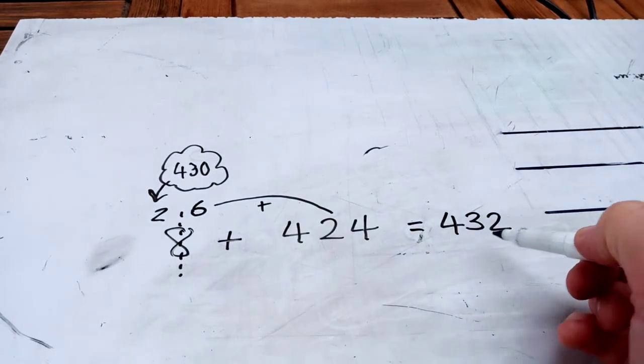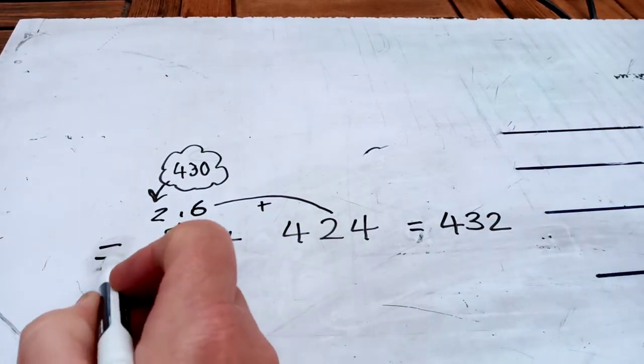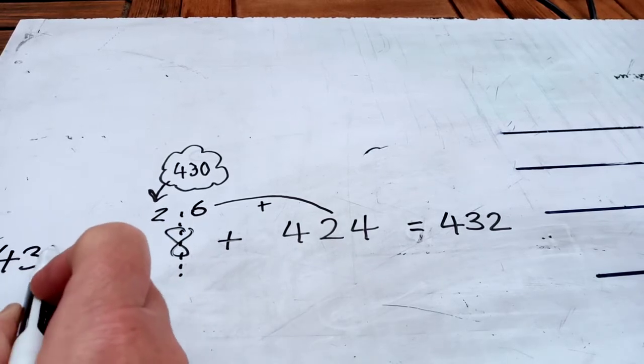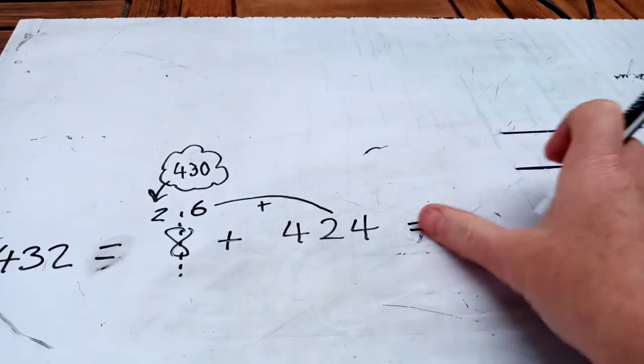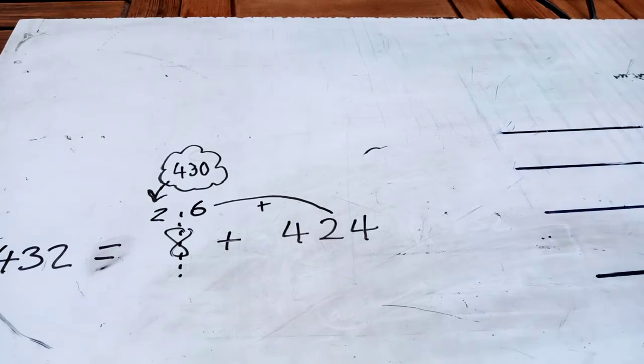Or we could actually put our answer here. It's a bit weird, but 432 could go either place, but not in both places, otherwise that would be a bit confusing.